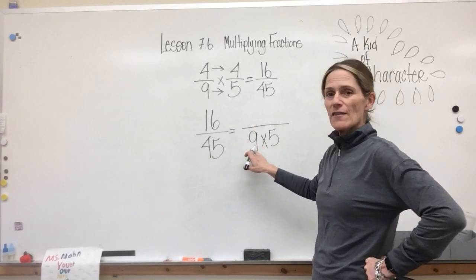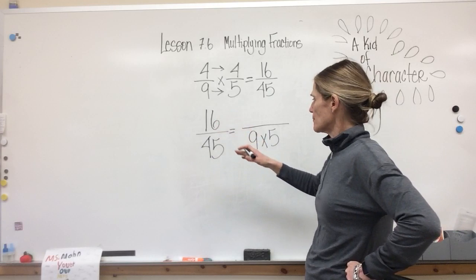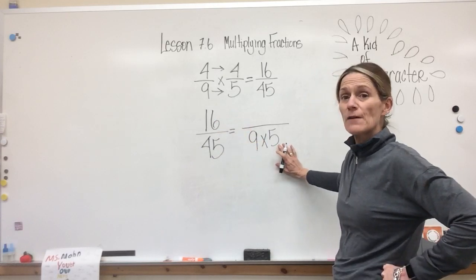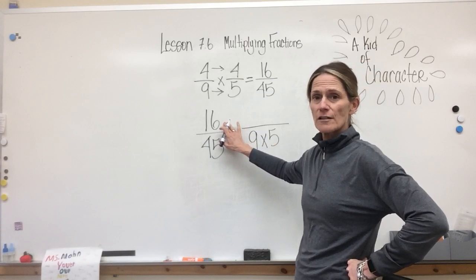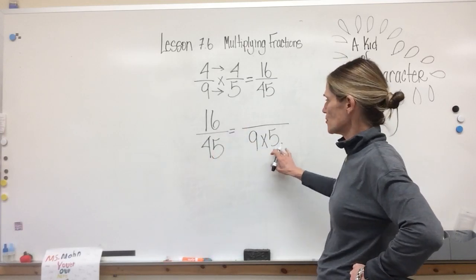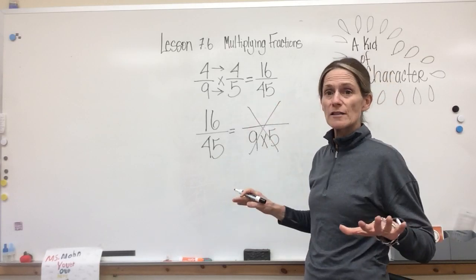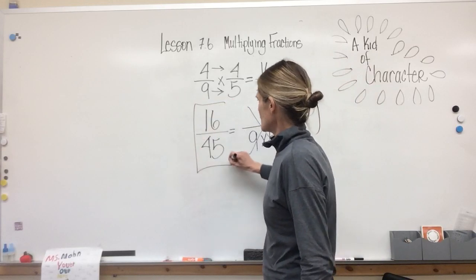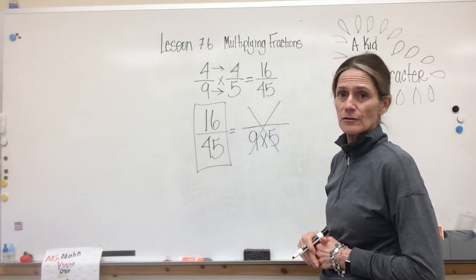Is there any way that I can multiply 9 to get to 16? There's not. Is there any way I can multiply 5 by anything to get to 16? There's not. And so in this case, by looking at the larger number first, I see there is no way to simplify it. This is my correct answer and my final answer.